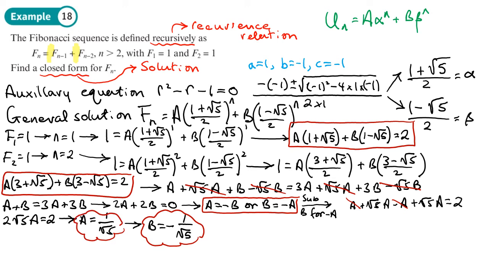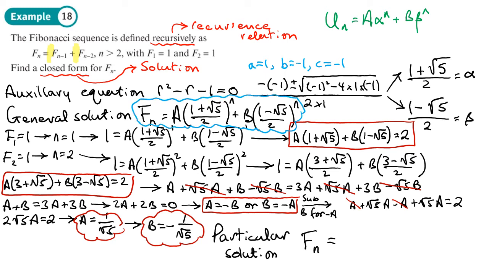I can then write my final solution, or my particular solution, by just replacing my arbitrary constants with those values. So that will be Fn, I'm going to put Un, Fn equals, so we are taking our general solution here, let's just highlight that, it's lost in the working there, and we'll replace a and b with 1 over root 5 and negative 1 over root 5.